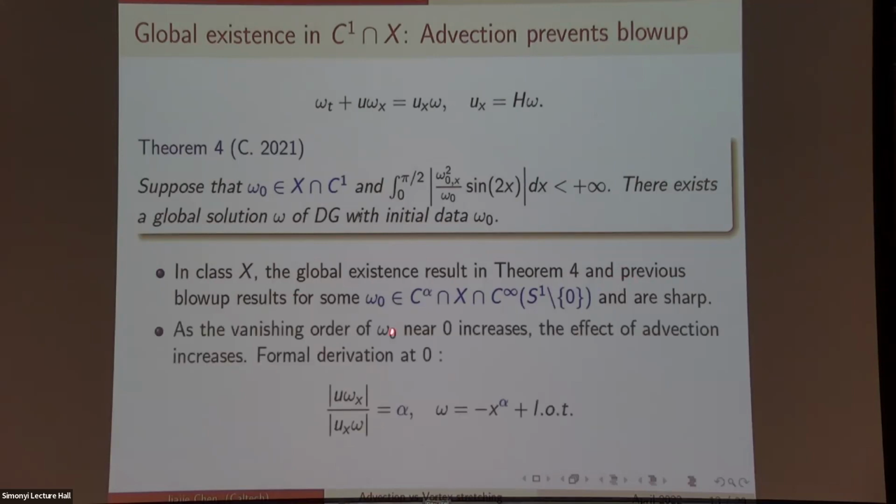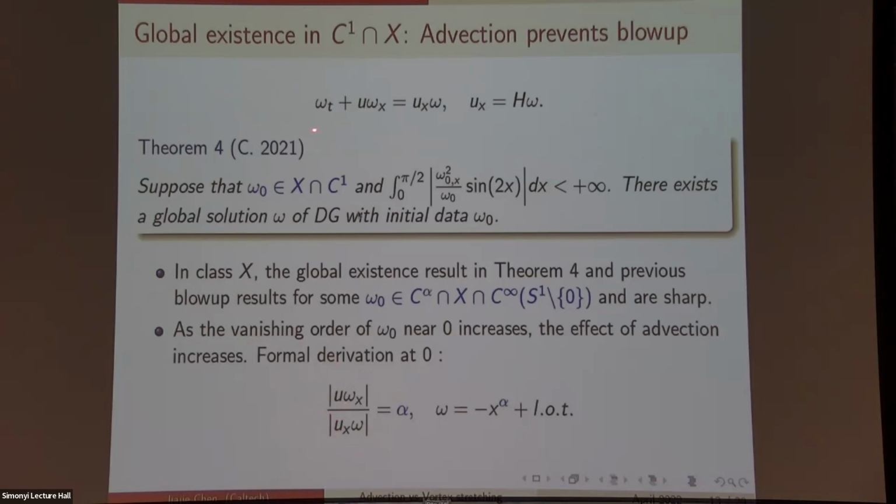In the proof, we will see that as the vanishing order of the solution increases near the origin, the effect of the advection increases. In the C1 case, the advection is strong enough to prevent the blowup. To understand why we have these two types of different phenomena, we can do this simple formal derivation at the origin.